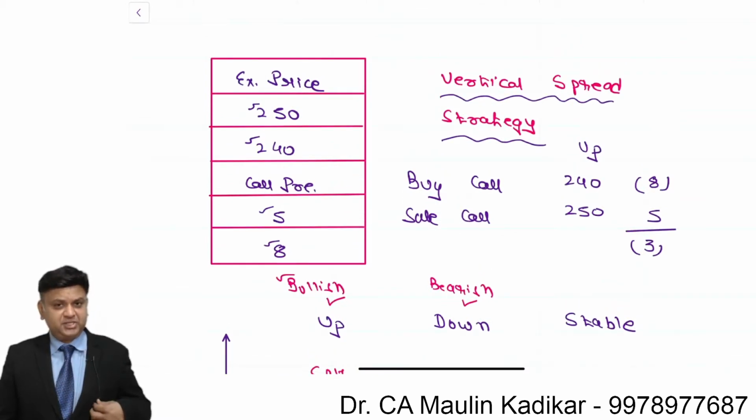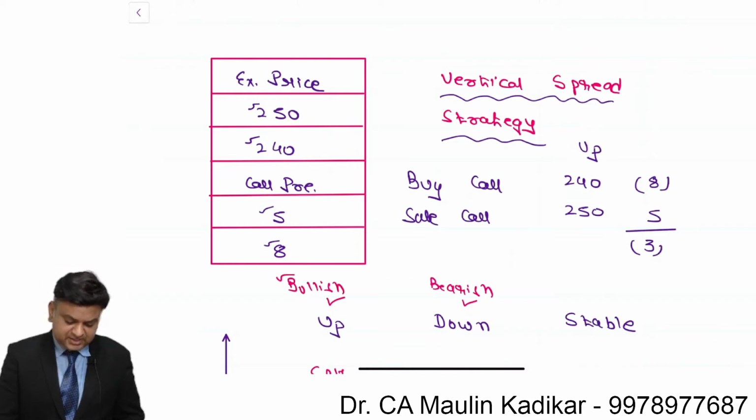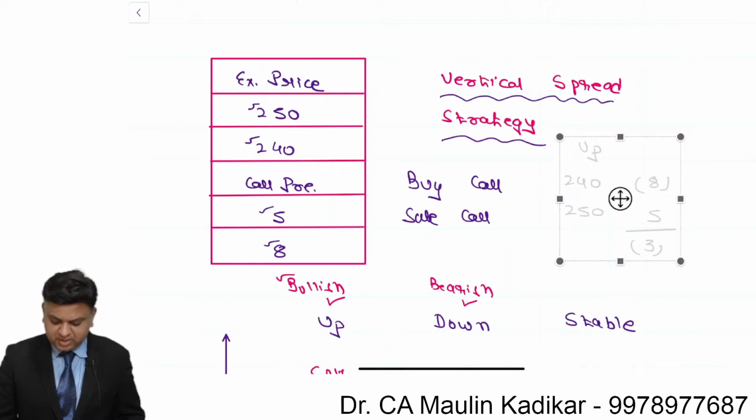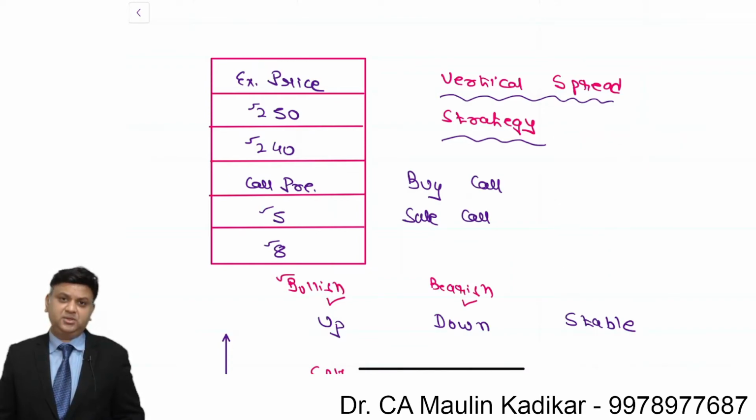I repeat the transaction again. Understand that in case of vertical spread strategy, always you will enter into two transactions. One is to buy an option and another is to sell an option. So this combination is always going to be there.